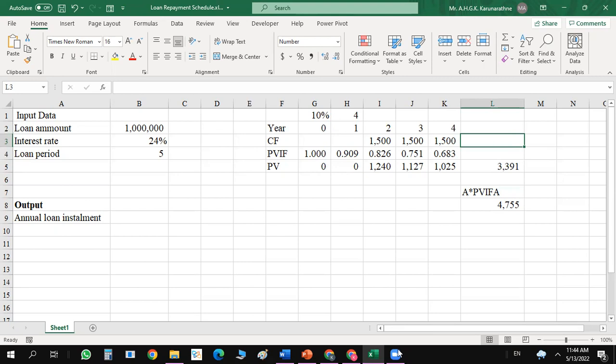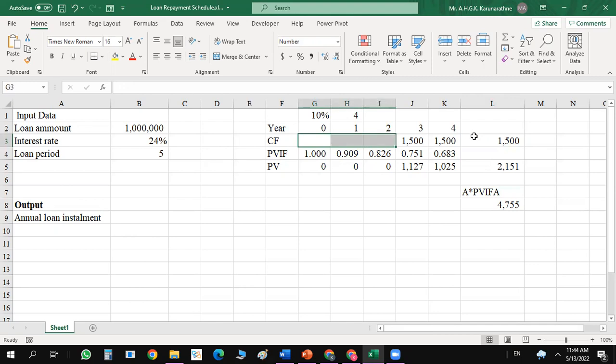This annuity is called a deferred annuity, deferred for a certain period. It is also an annuity: a constant cash flow continuously for a definite period, just for 3 years. But it is deferred for two years.